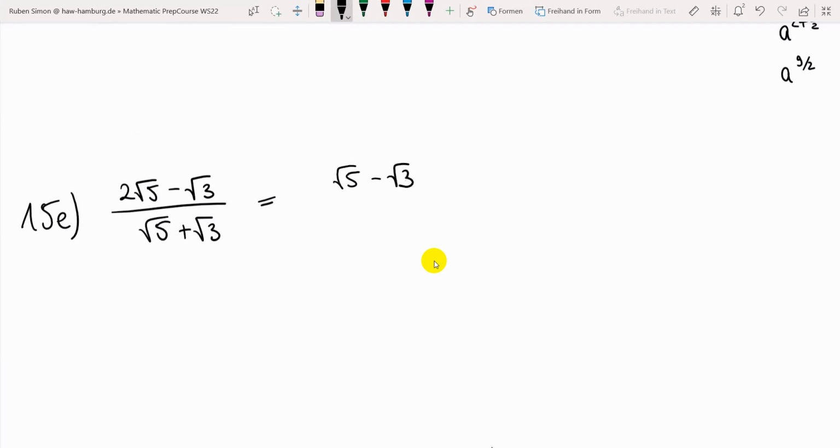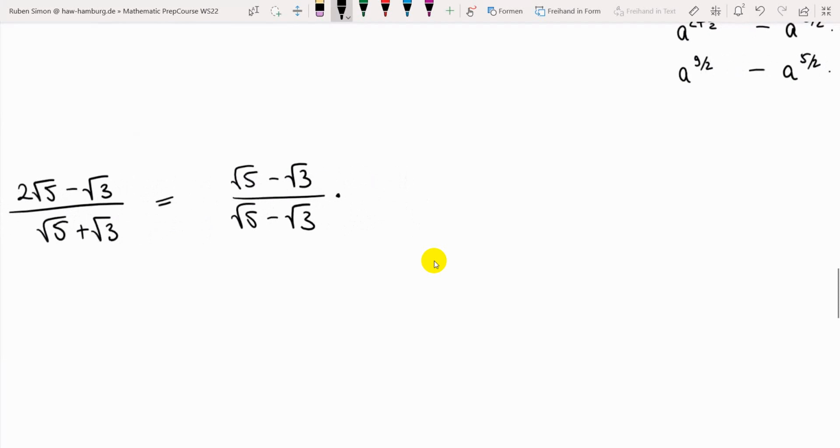So you want to somehow extend the fraction. I don't know, does anyone know the correct term for doing this to a fraction? In German it's erweitern. I don't know if there's an English term for erweitern. So you would just multiply a certain factor or another fraction to your original fraction, and this one is just 1.